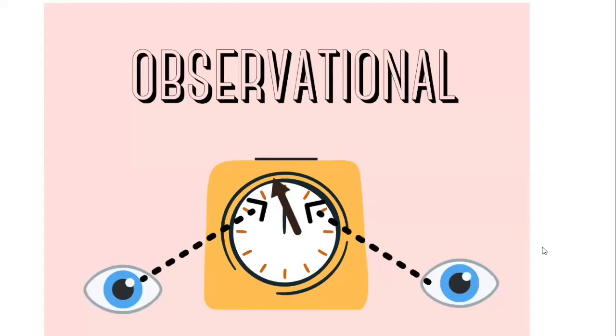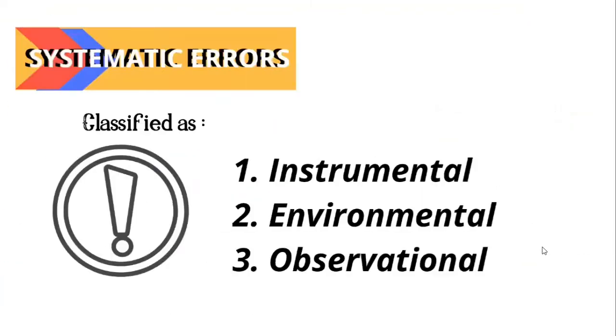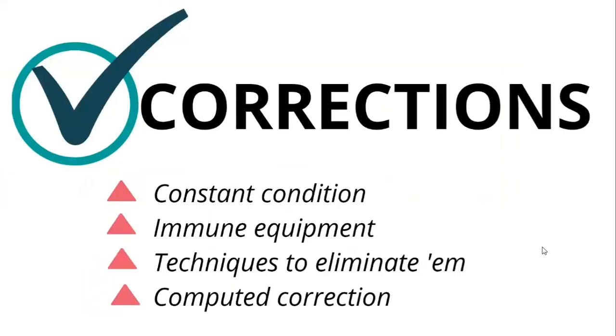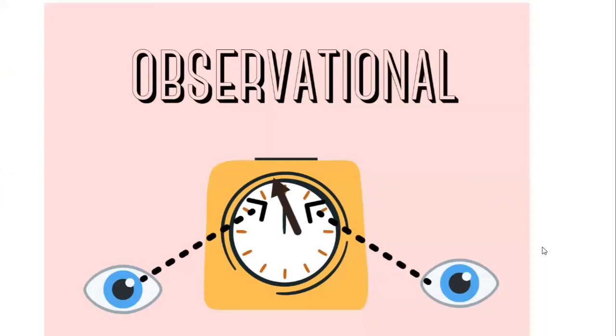Right? The next type of error in systematic. See, first we saw what is instrumental error, then we saw what is environmental. The last one is observational error. Right? So observational error is like, again, we'll go back to our EC lab. Consider you are sitting in your EC lab and you're asked to find the characteristics of a diode. Right? While measuring it, you'll be standing on the right side of the voltmeter.